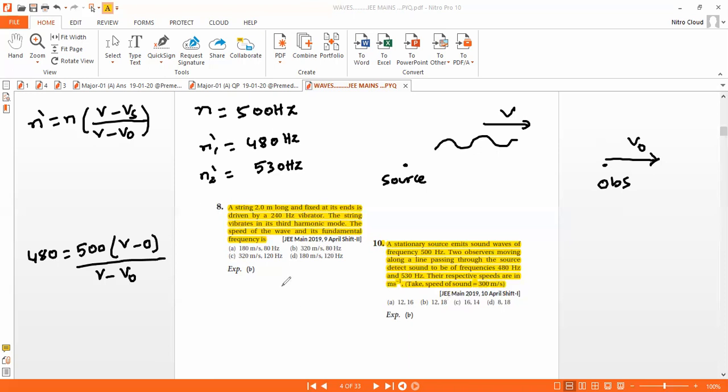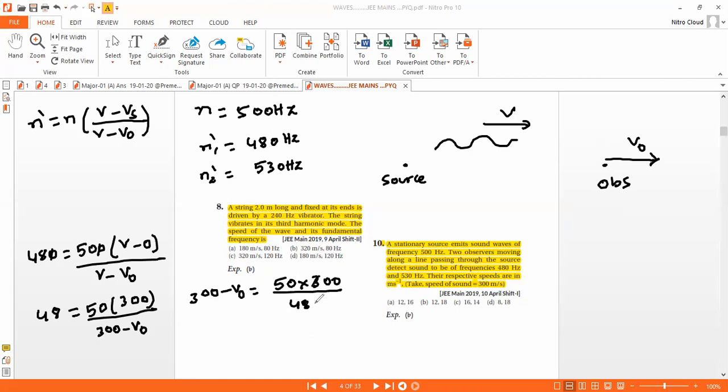Speed of sound they gave is 300. So 48 equal to 50 times 300 by (300 minus V naught). So 300 minus V naught is equal to 50 into 300 by 48.